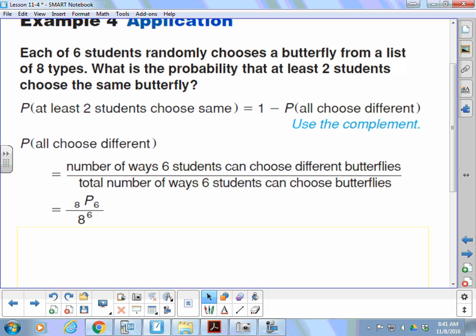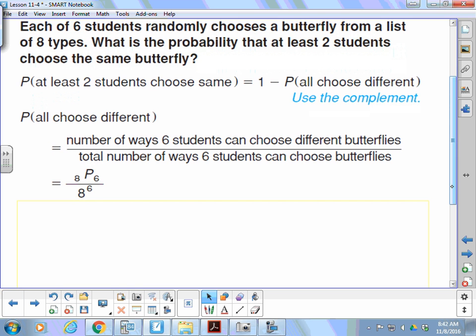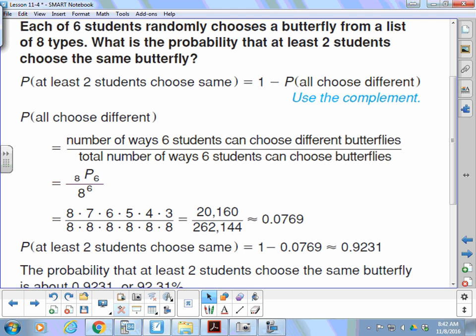So the number of ways that everybody can choose a different butterfly is a permutation of 8 choose 6 in the numerator and 8 to the 6th power in the denominator, 8 times 8 times 8 times 8 times 8 times 8. Okay. So we find out that value, and then all we have to do is subtract it from 1.